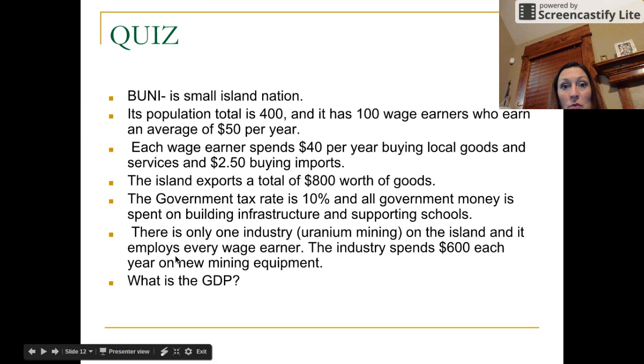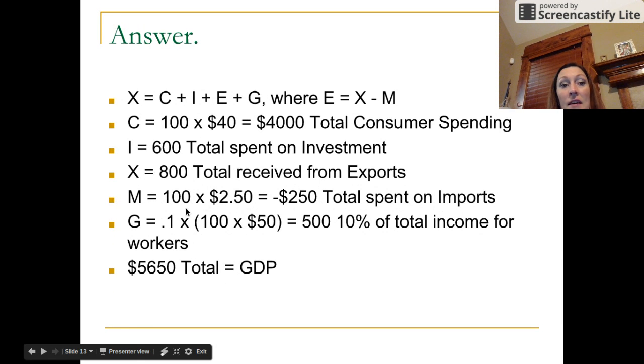And if you look back, you will see that it says the island exports a total of $800. And M, which is 100, our consumer spending, times $2.50 is what they spent on imports. So that's money that's taken away from the GDP. And then G, which is government spending, is 0.1, 10% of total income for workers, times 100 times $50. And that's how we came to the total.